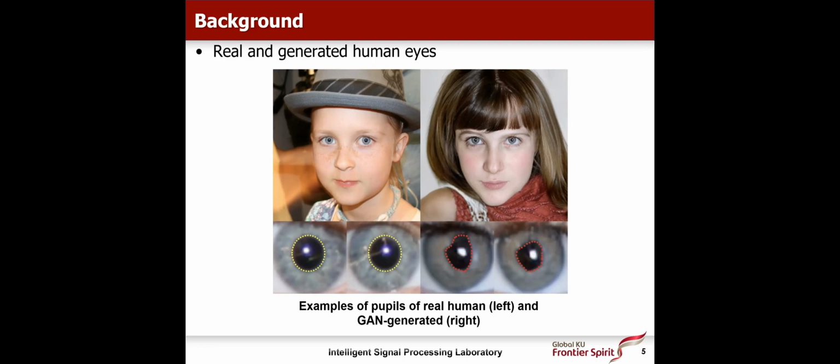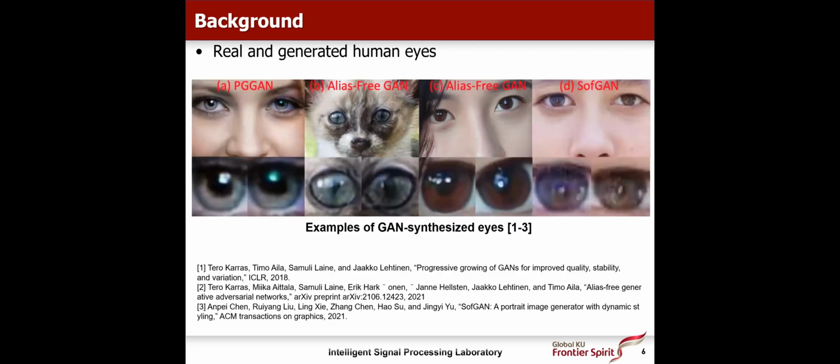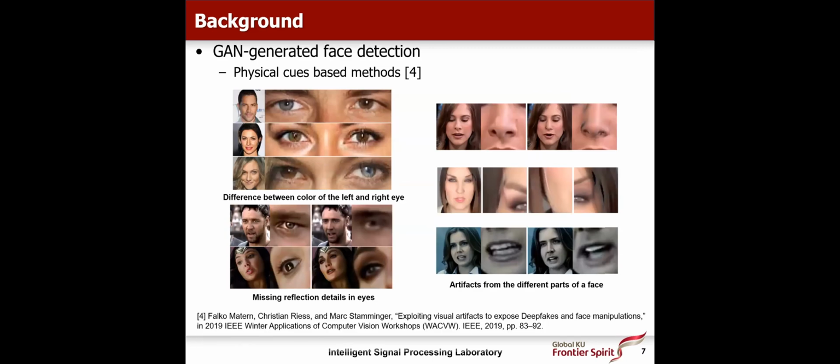Yes, I think so. In this page, I show some artifacts from different parts of the face. You can see the lips or the hair or the nose of the GAN-generated faces. It shows some strangeness there, so this is not just for the pupil.